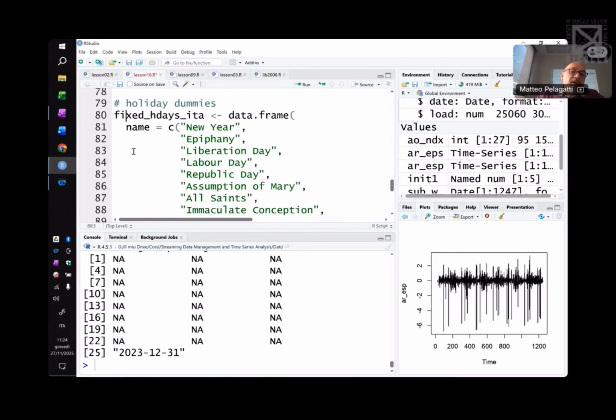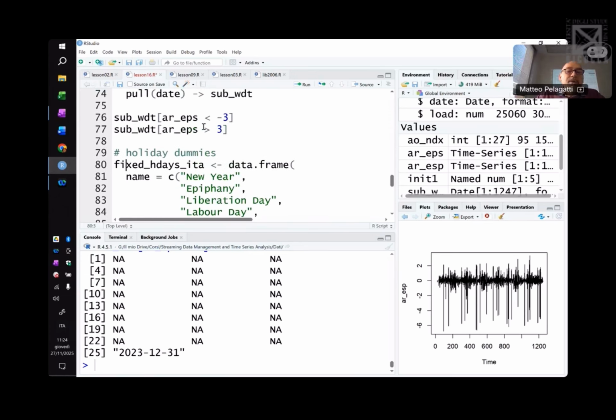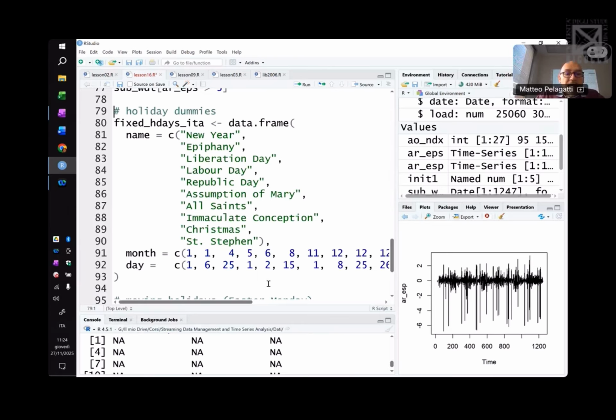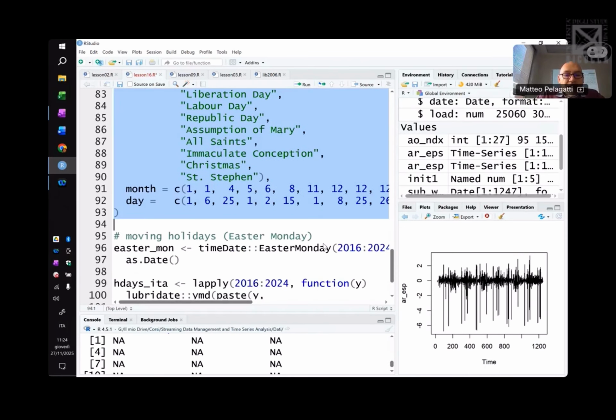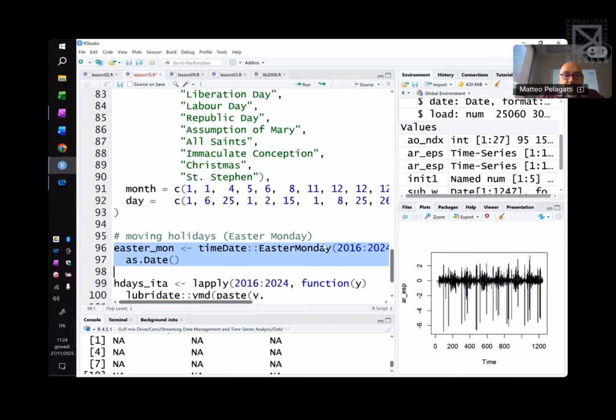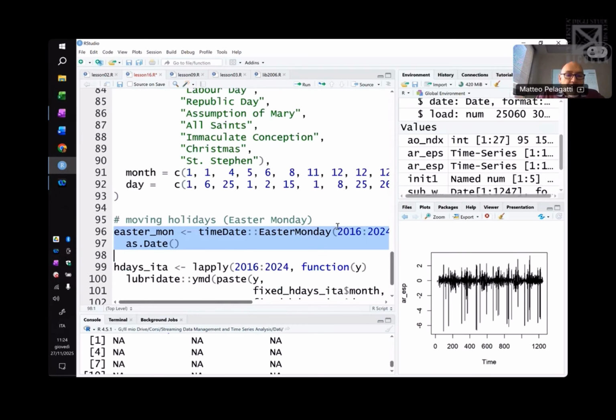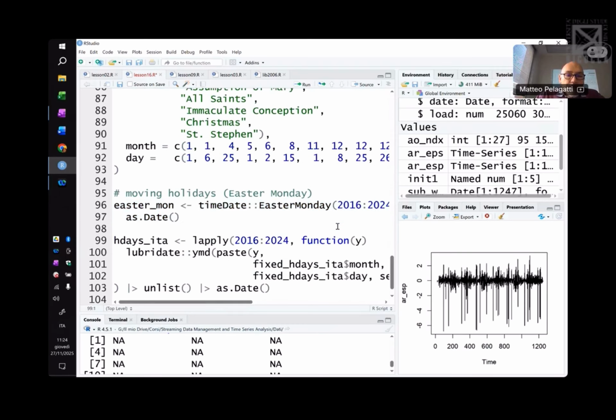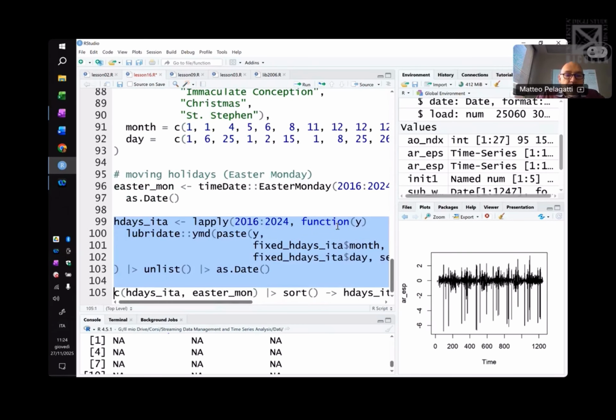This would be the part where we put our information inside the data. And that's exactly what we did while working with the Riemann models. So if you remember, we built a list of all these holidays. And then I added the Easter holidays. And then we merged them into just one list.